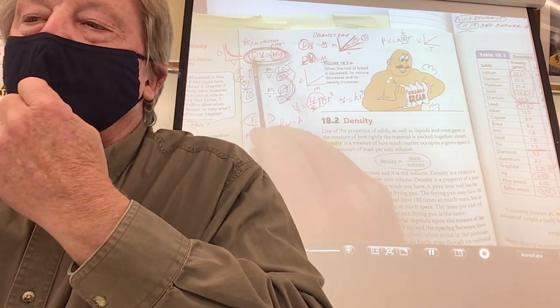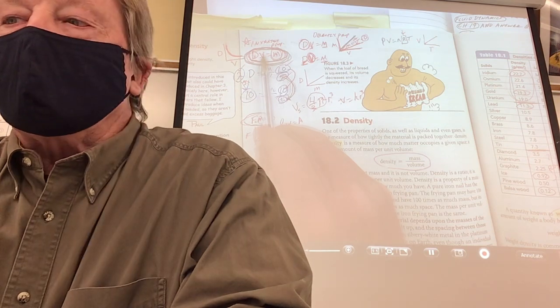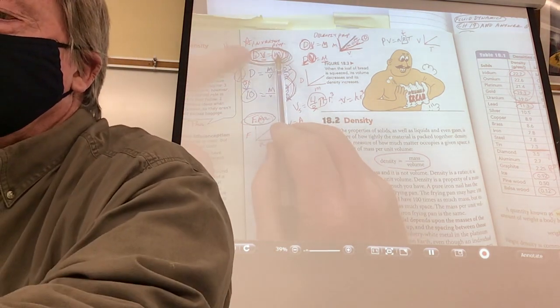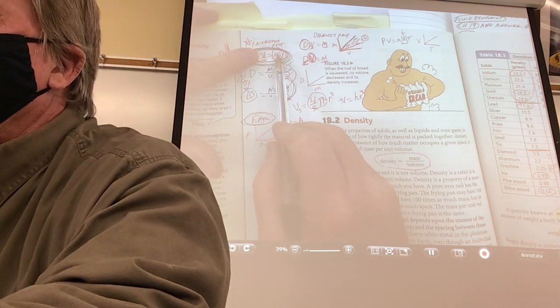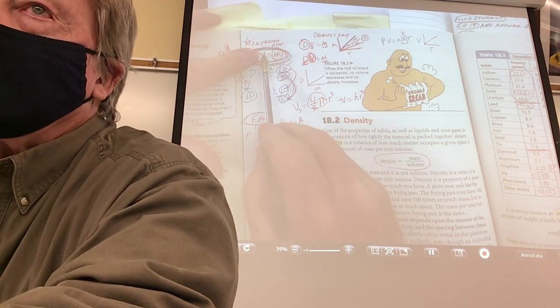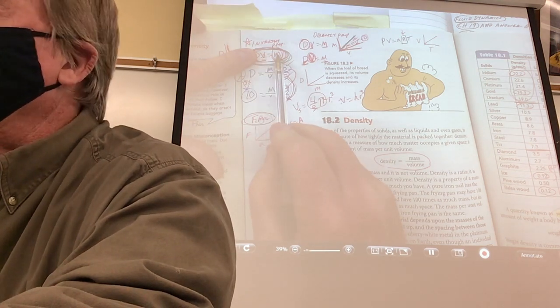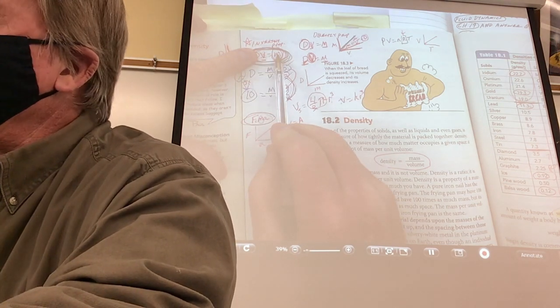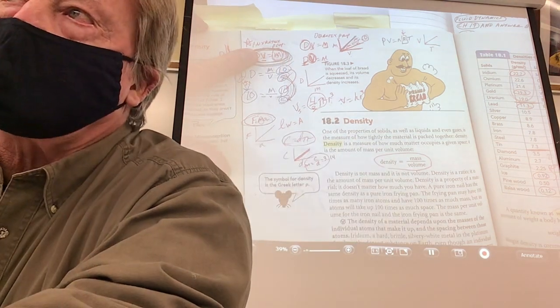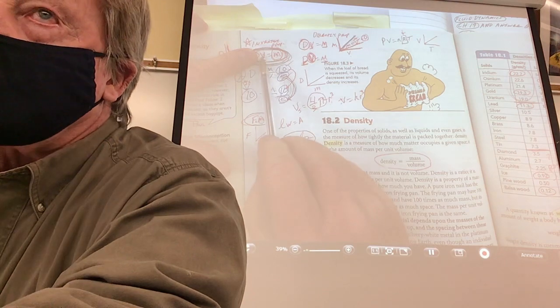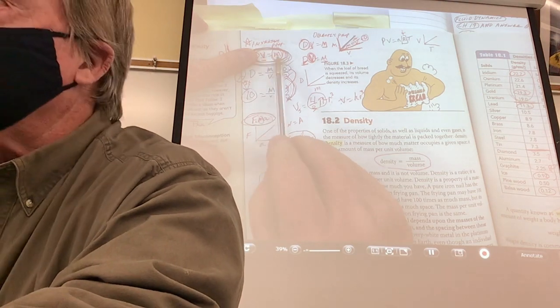How is density, how is volume related to mass? And here's what you say. If density is held constant, so don't let it change, how is V related to M? They're called directly proportional. Now, directly proportional is something you actually understand very well. Directly proportional means if you get 2 times bigger, I get 2 times bigger.